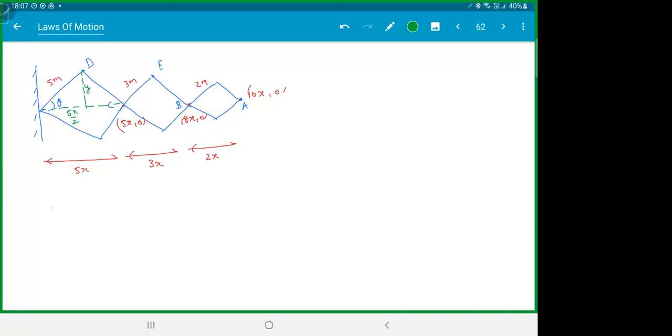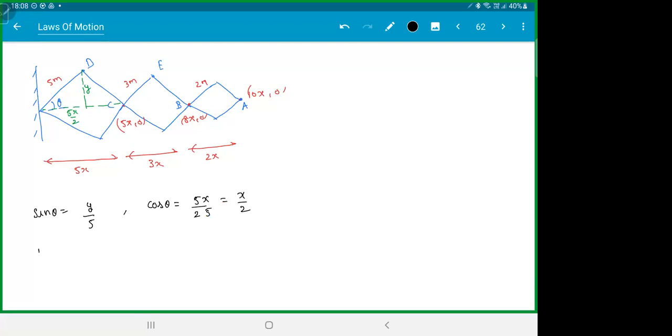And from here we can clearly see 5 cos theta is equal to 5x by 2, given. Sin theta is y by 5 and cos theta is 5x by 2 in 5. So that is x by 2.